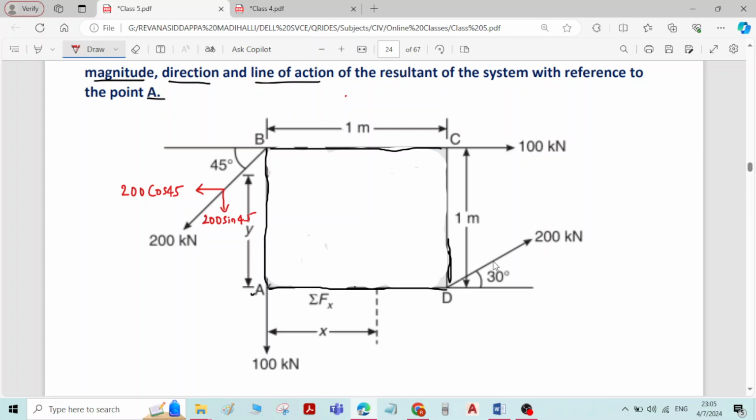For this horizontal component is 200 cos 30, vertical component is 200 sin 30. Okay, so for this force also let me write the components at the point B only.